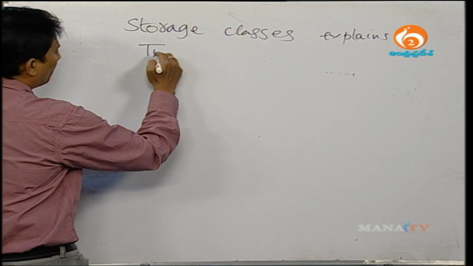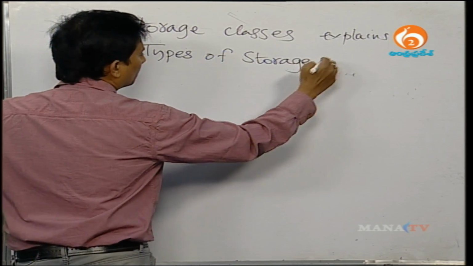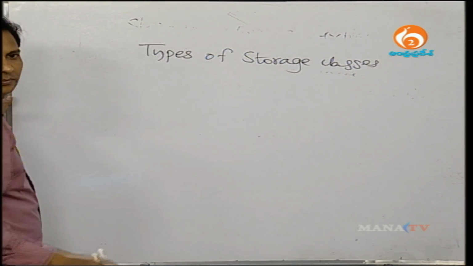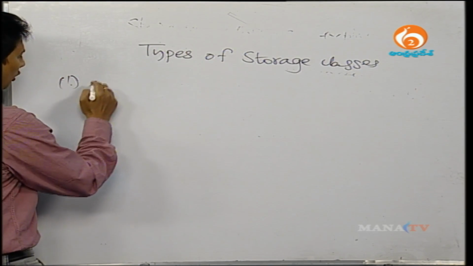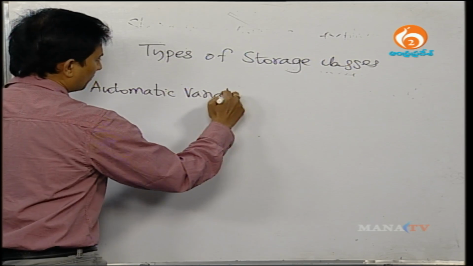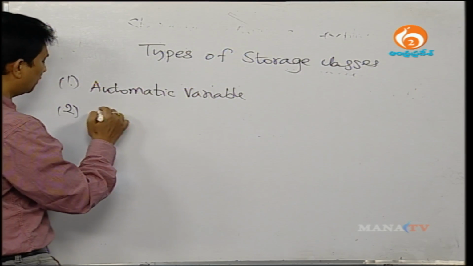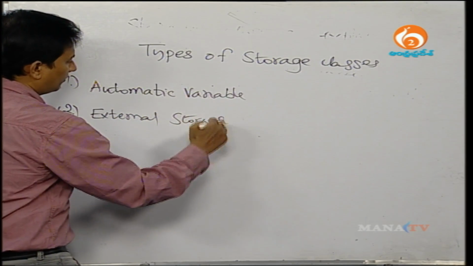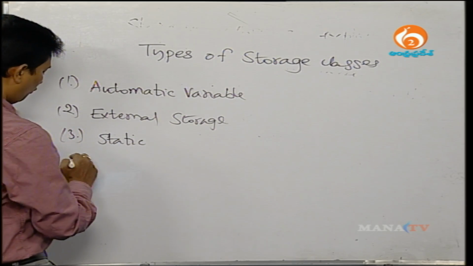We have generally 4 types of storage classes: one is automatic variable, second one is global variable or external storage class, third one static, fourth one register.